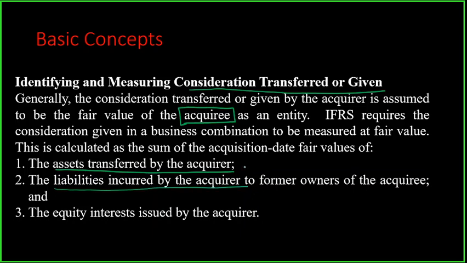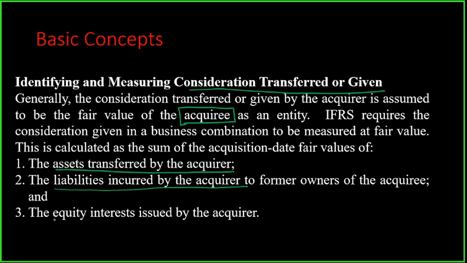For example, I'm going to pay you 10 million pesos and then I'm going to issue bonds payable, or I'm going to record a liability payable to the owners. That will be included in the consideration transferred.